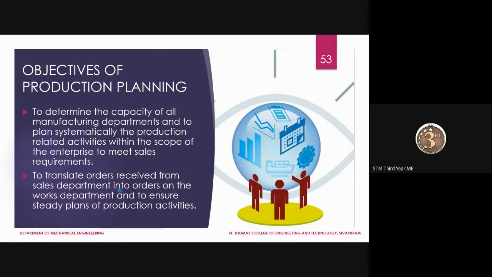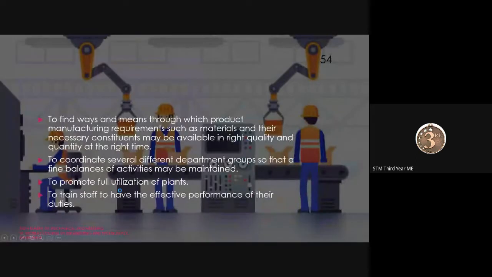Okay, that was the second point. Then in the third point, you have to provide the right quantity at the right time and the right quality. So that is coming in the third point. And fourth point, we have to coordinate all the department groups to form a smooth flow of the process. So that is the fourth point.